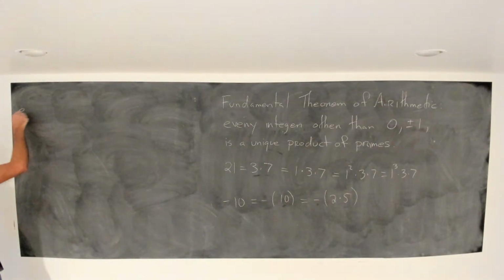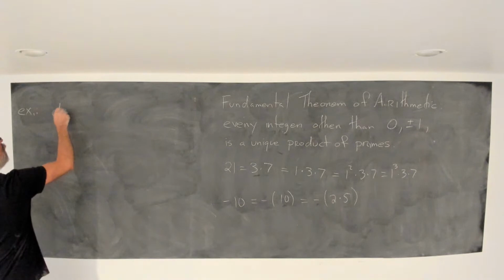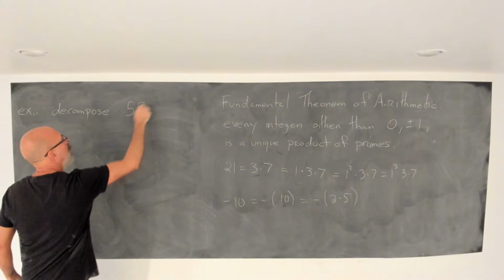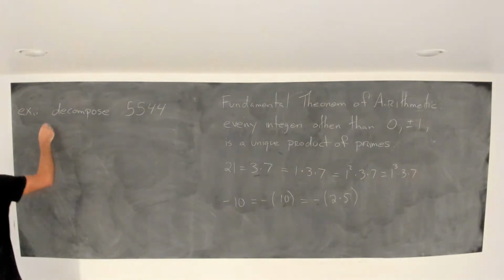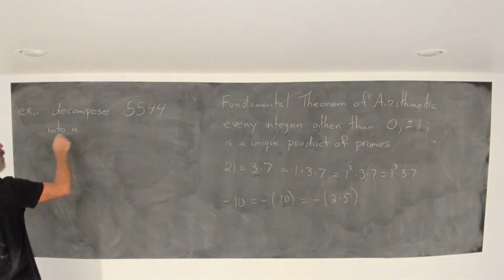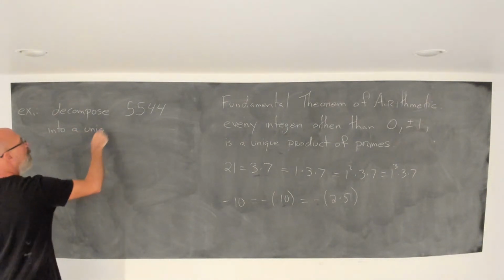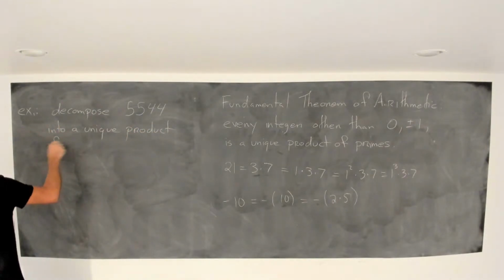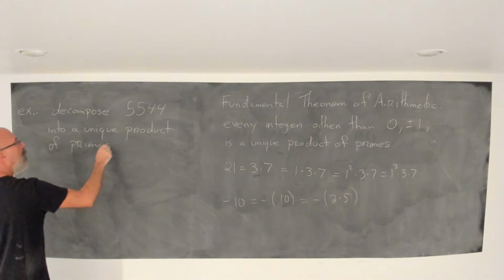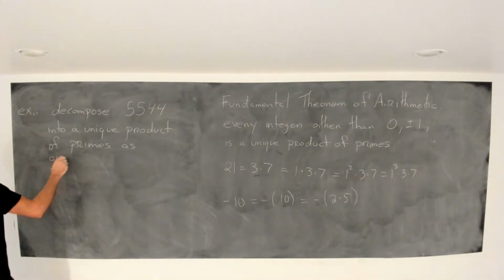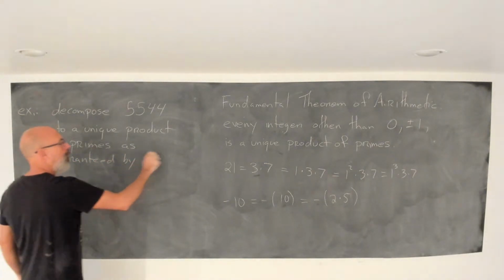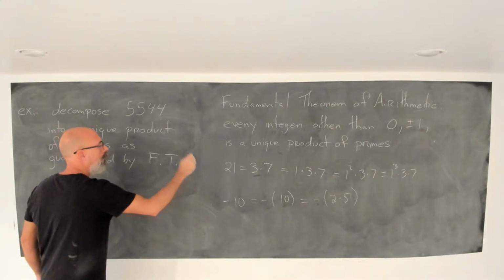Let's take an example. The question is asking us to decompose 5,544 into a unique product of primes, as guaranteed by the fundamental theorem of arithmetic.